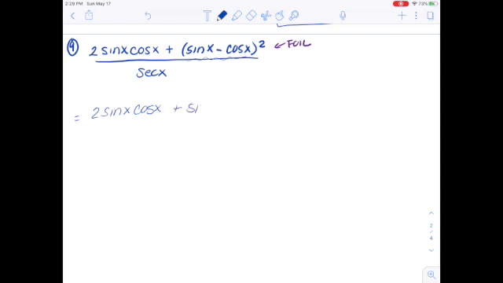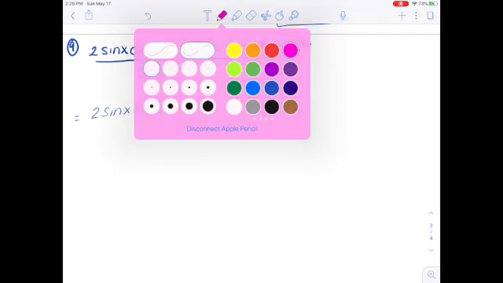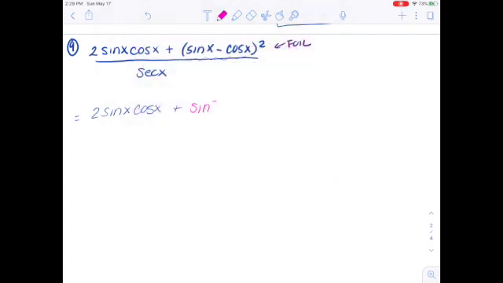So the expansion there would just be, actually I'll change colors so you can see the expansion, sine squared of x minus 2 sine of x cosine of x plus cosine squared of x, all over, I'll go back to blue, your secant of x.